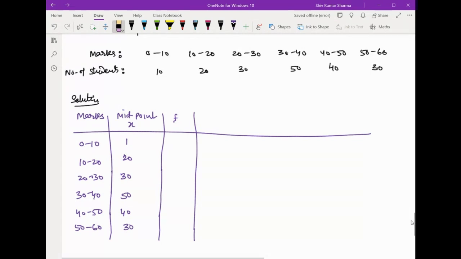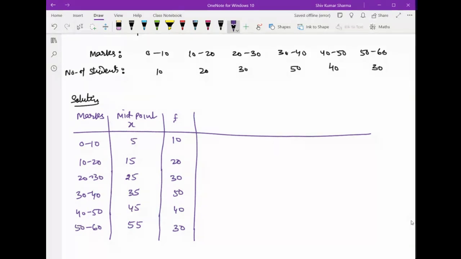The midpoints are 5, 15, 25, 35, 45, and 55. Having the same interval, that means 10, we can solve by using the step deviation method.